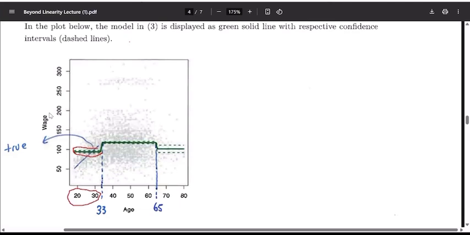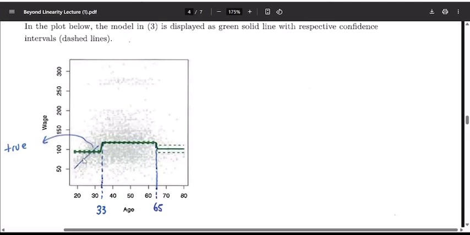Now, what can we do to solve this? Can we have a way to combine the idea of the step function with the polynomial? I'm going to say that again. In the polynomial, we fitted a polynomial to the entire data set without splitting.